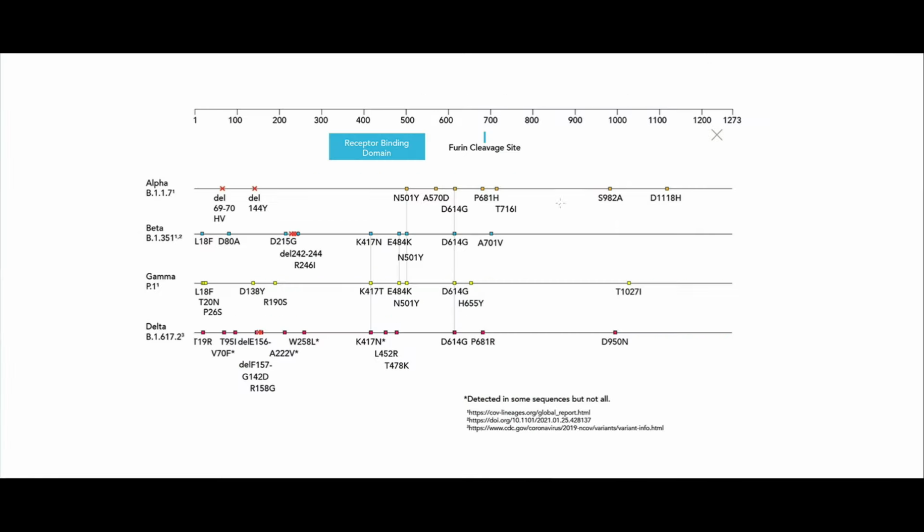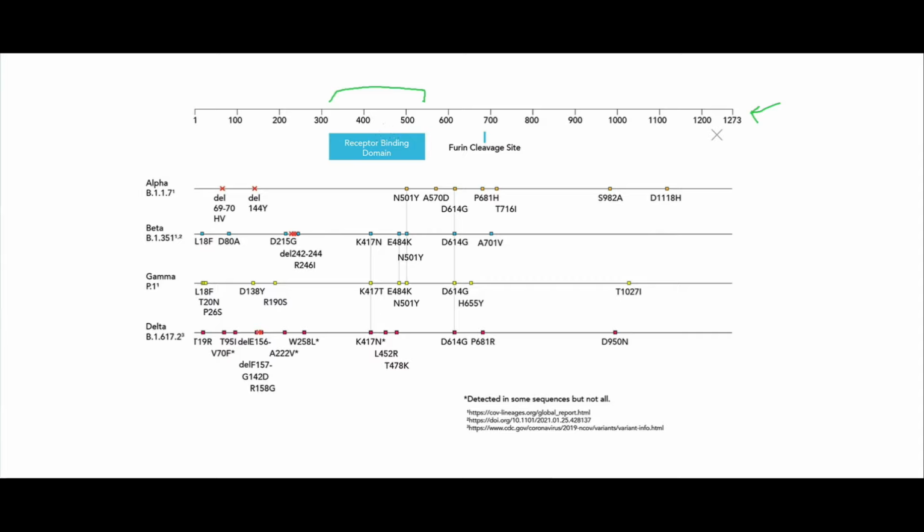What this is showing is the spike protein and different mutations within the spike protein. At the top are the amino acid positions within the spike protein, and this part right here is the receptor binding domain.